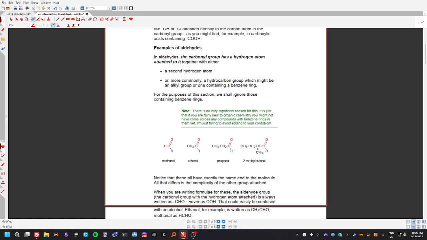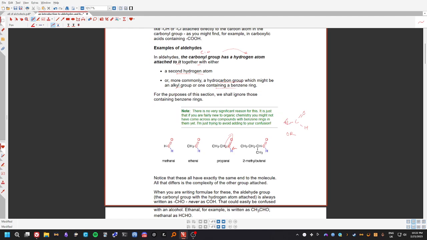It has a carbonyl group, which is a C double bond O, which has a hydrogen attached to it, with either a second hydrogen atom, or another hydrocarbon group, which might be an alkyl group or one containing a benzene ring.